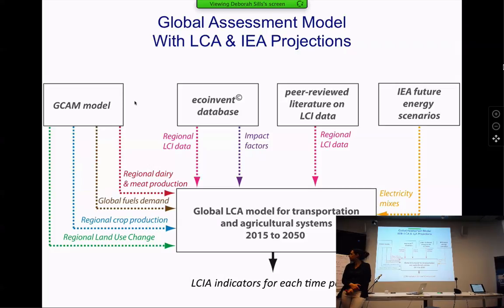The problem, of course, is that this means data collection and manpower, and from the scientific point of view it is less attractive, because producing life cycle inventories is not anymore a scientific issue. So it is sometimes hard to find money and resources.